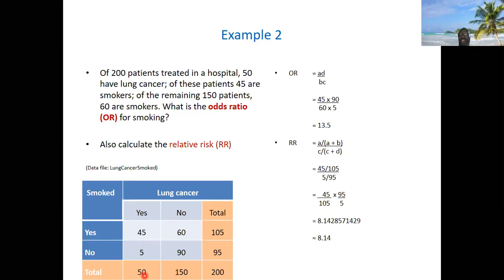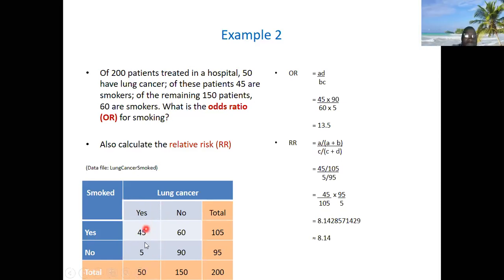Even the risk of smoking, people have already smoked in the past before they develop it. So based on the logic, the way we have conceptualized it, if you want to say what is the probability of smoking, it will be 45 over 50.